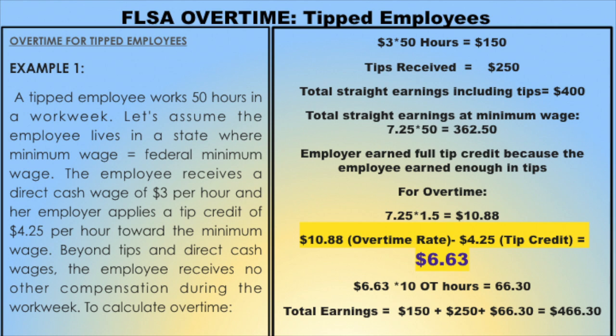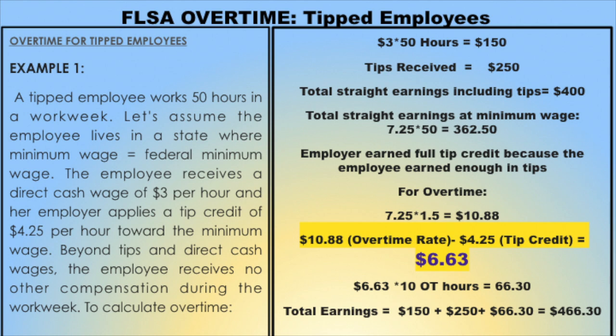Now for the overtime, the 10 hours of overtime, how do we calculate that? We will take the minimum wage of 7.25 and multiply that by 1.5, and we get the minimum overtime rate, which is $10.88. Then we will subtract the tip credit that was taken by the employer and we get $6.63.